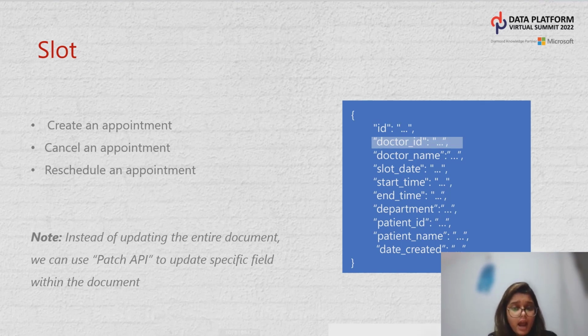That can be adding a new field, deleting an existing field, or updating the value of an existing field. So you can define all those operations within a single JSON object, and that will be part of the patch API request. So you do not need to send the entire document on the wire in order to update the documents. So that's how we can perform all these operations.